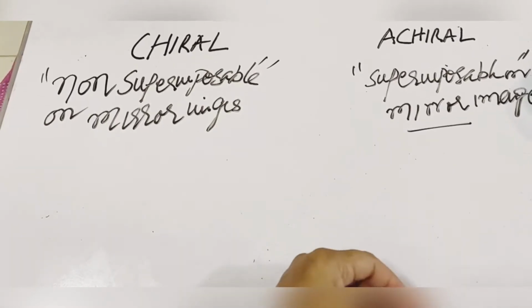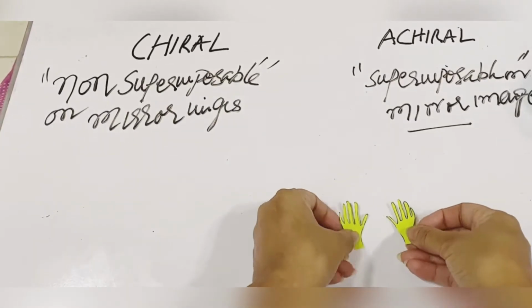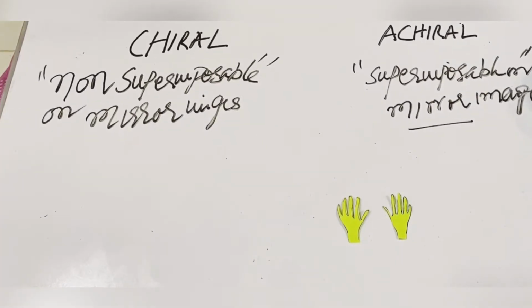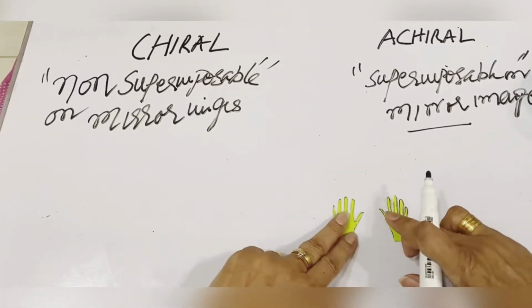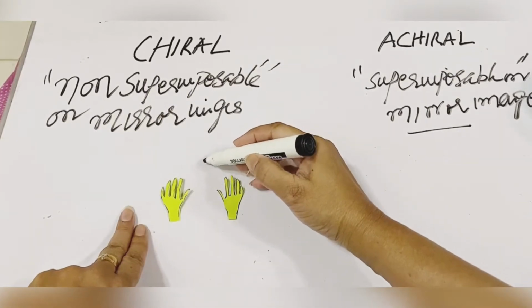So today I would like to show you a few examples, starting from a very common and a very interesting example of a hand. I have made these 2 beautiful hands for you so that you can superimpose them, right? So if this is a mirror plane, let's put it here.